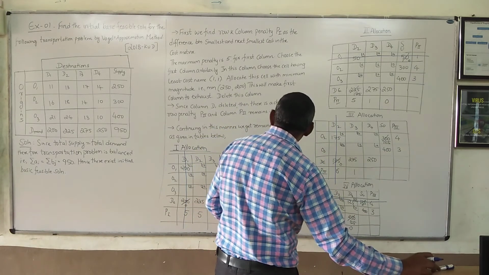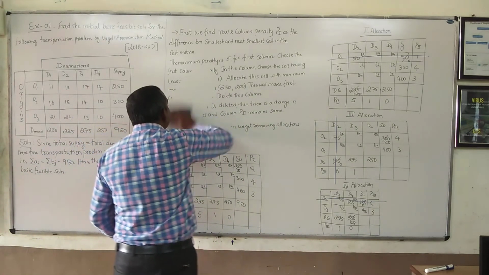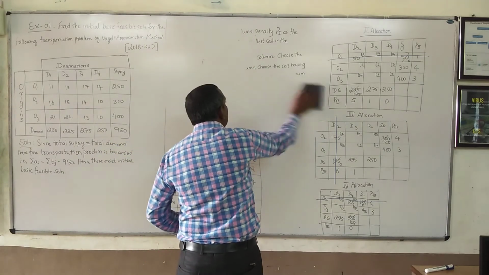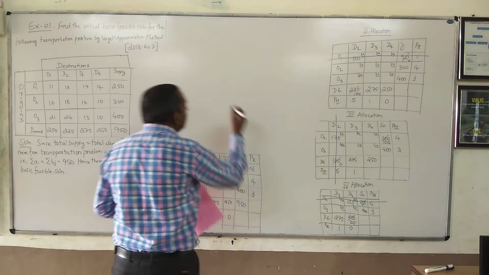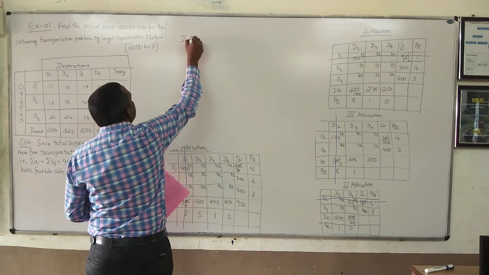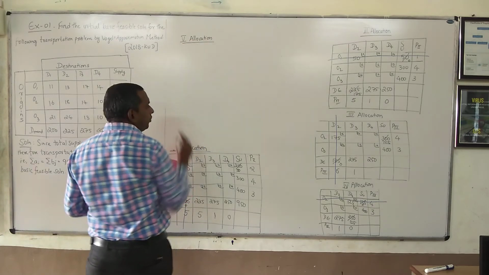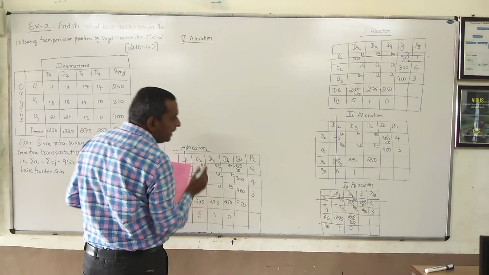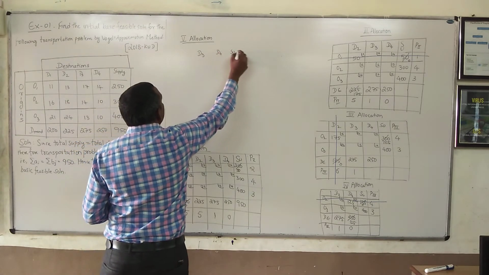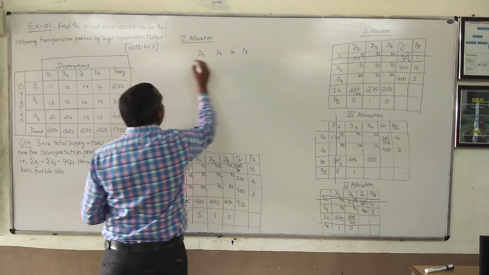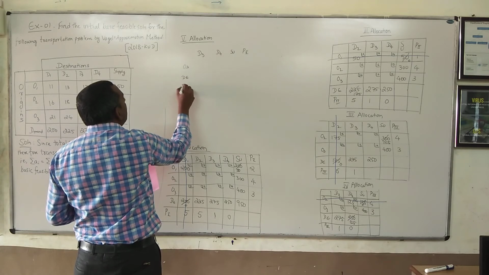Fine. Go for the last allocation. So let me rub this theory part here. Go for the last allocation. Fine. That is the fifth allocation. So we are left with D3, D4 supply and P5. We are left with only one row called O3, then demand, then P5.